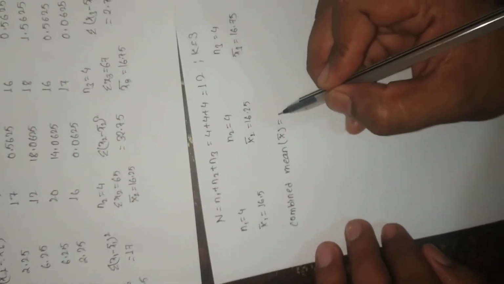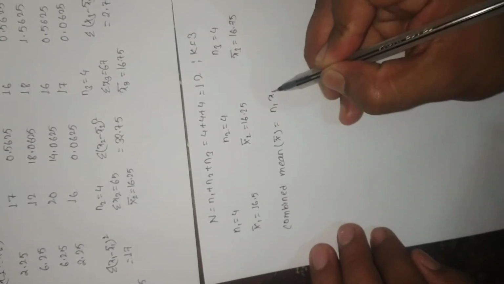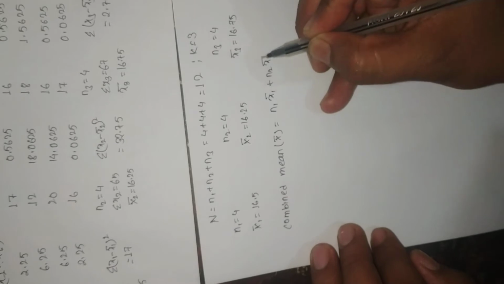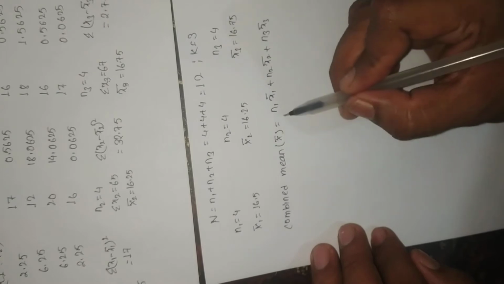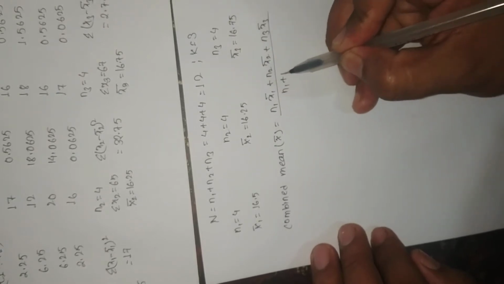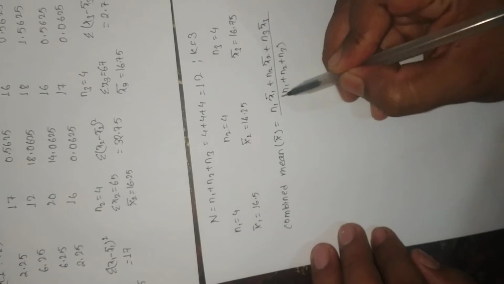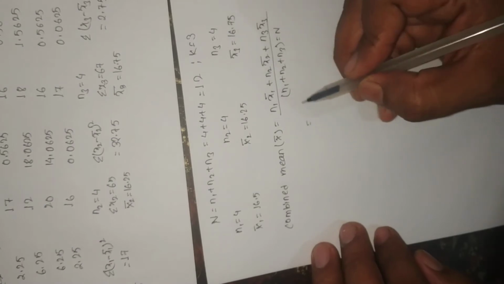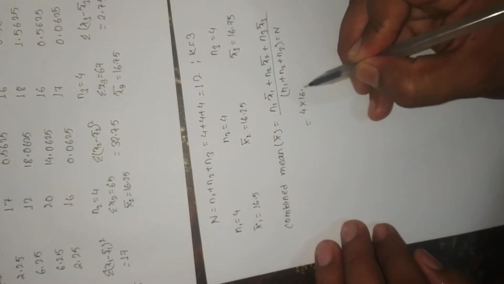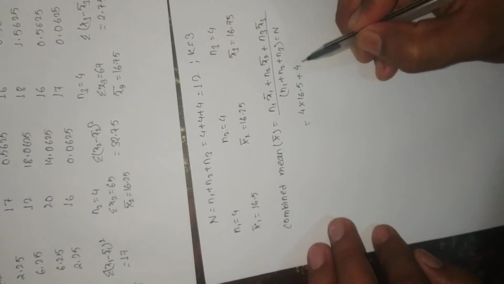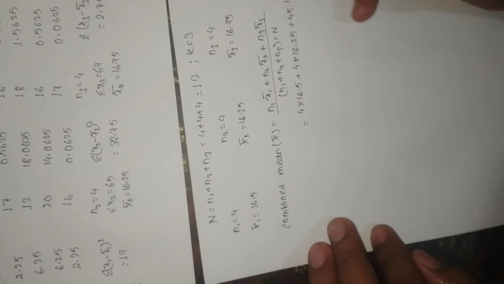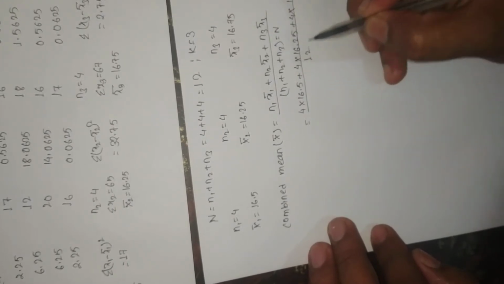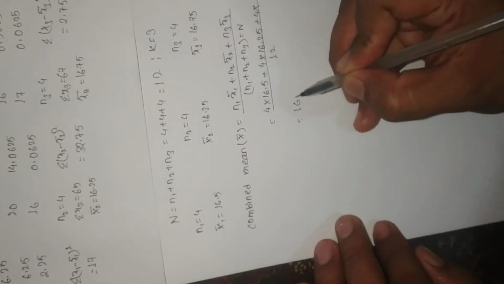The formula of the combined mean is n1 x1 mean plus n2 x2 mean plus n3 x3 mean, divided by n1 plus n2 plus n3, which equals capital N. Here it is 4 into 16.5 plus 4 into 16.25 plus 4 into 16.75, divided by 12, and the value will be 16.5.